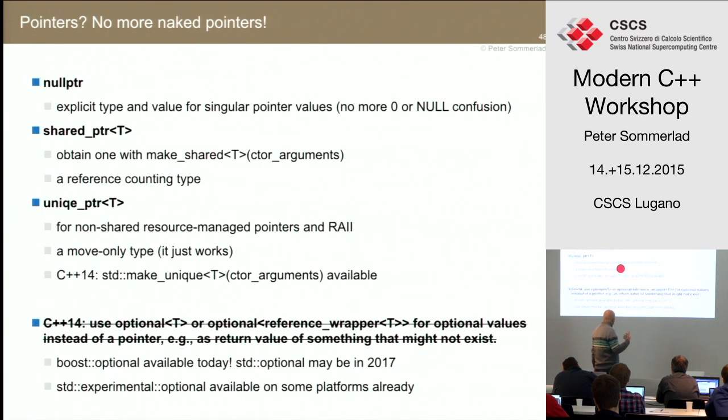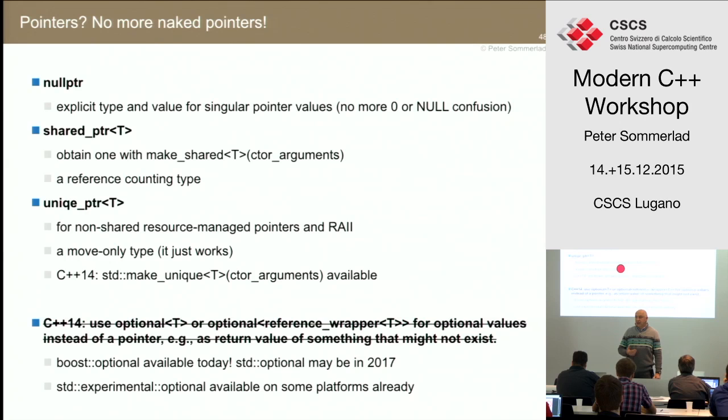There are two kinds of smart pointers in the standard library. One is shared_ptr. Shared pointer has its use in code that is, let's say, using OO semantics with polymorphic types, and where you actually have multiple references to a single object on the heap. It implements reference counting. The reference counting itself works across multiple threads.